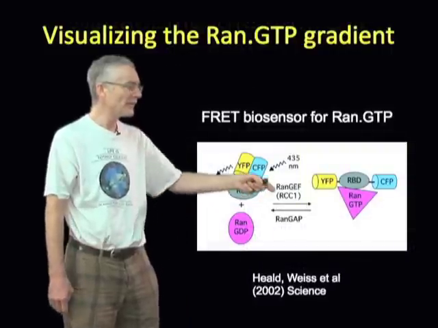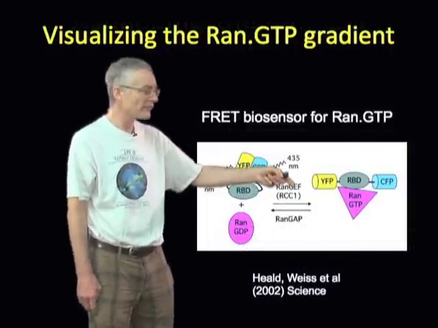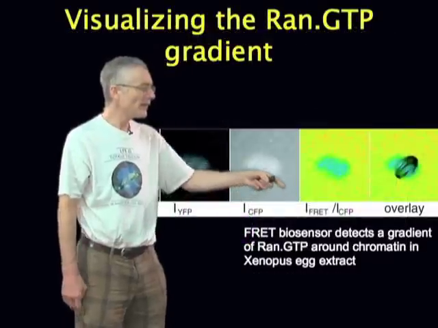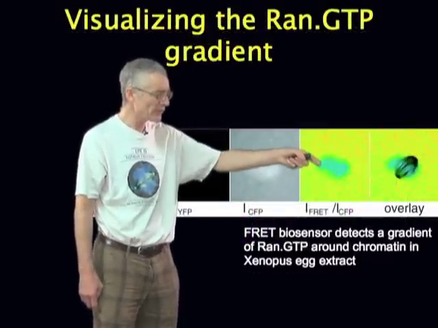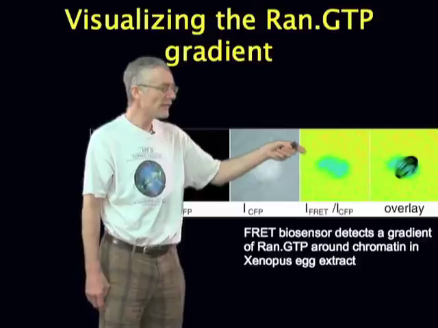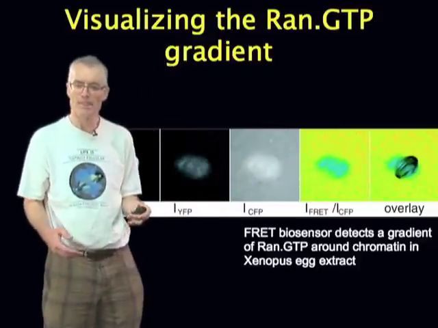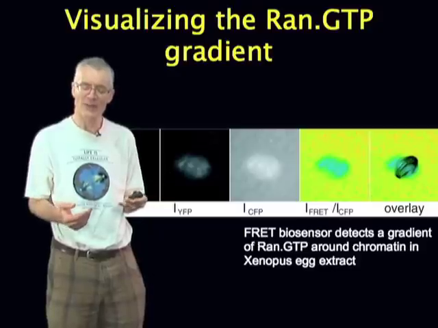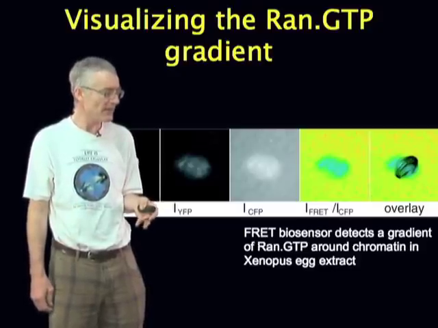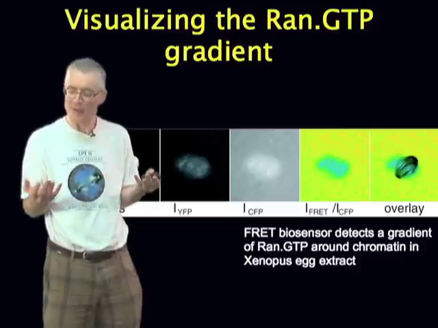If we go back, this is the high value, this is the low value, and that's where the Ran.GTP is, where the FRET is turned off. So you can see this low value in the gradient indicates that there's a high concentration of Ran.GTP here. So here we're actually visualizing live in the extract this reaction diffusion gradient of Ran.GTP, which I just think is a really remarkable thing to see.